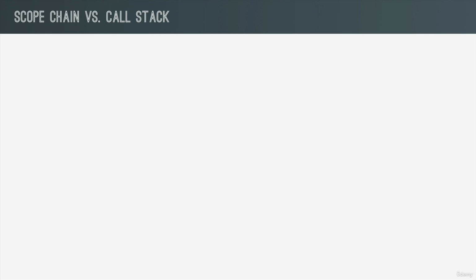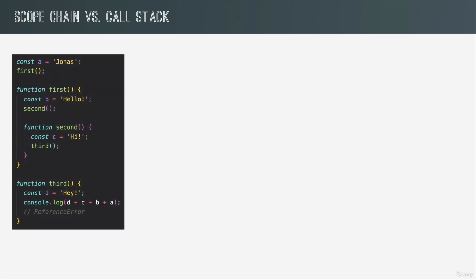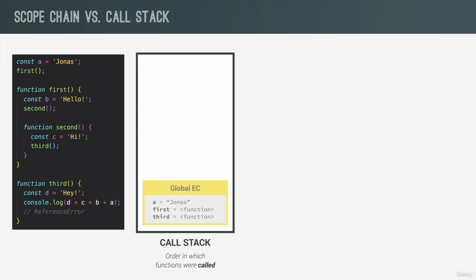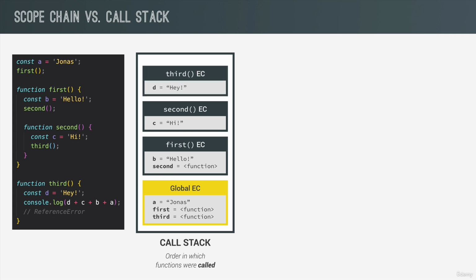And once more, let's look at some more code here. So we have three functions called first, second, and third in order to make this easier to understand. We start by calling the first function, which then calls the second function, which in turn calls the third function. So from what we learned before, the call stack for this example will look like this, right?